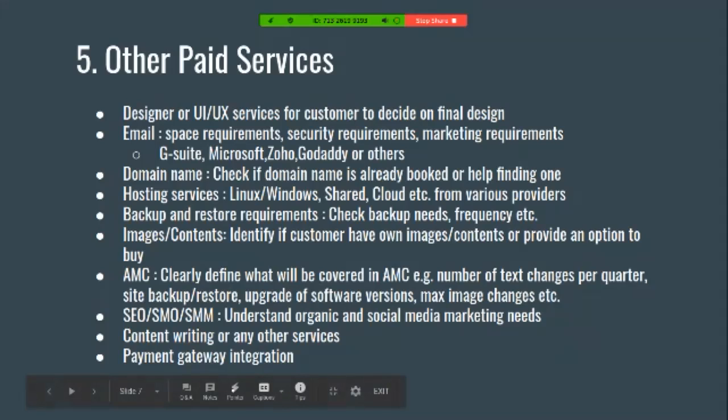SEO, SMO, and SMM. Search engine optimization, social media optimization, and social media marketing are some key features which a lot of people provide along with the website. These are paid services because basic SEO you generally do at the time of developing the website. However, the other services come hand in hand.